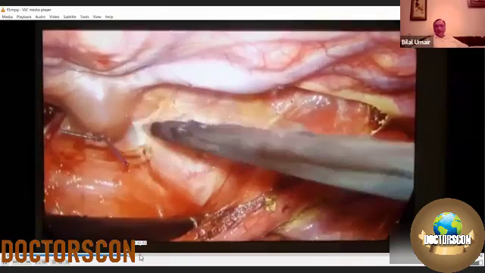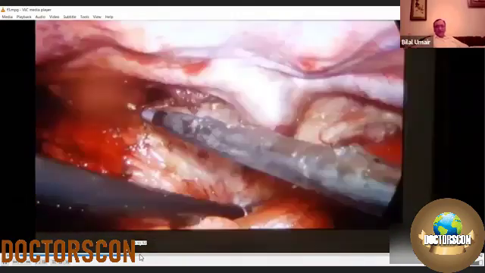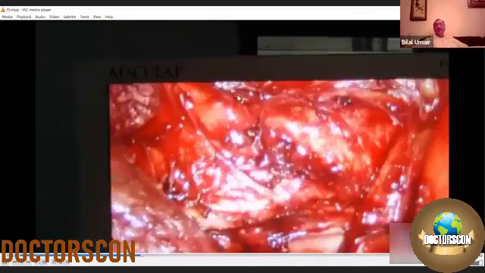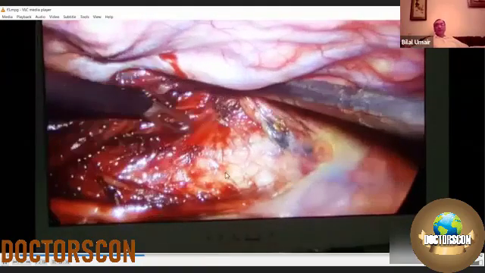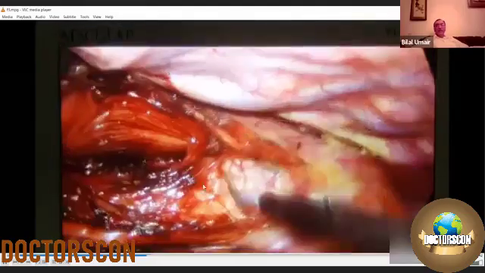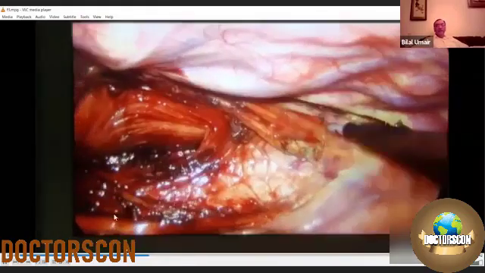If you do it fiber by fiber, then these vessels do not usually bleed much from the aortic side. This is the pericardium, this is the membranous part of the trachea as well. So the esophagus has been taken off the trachea, which is divided into the right and left main bronchus somewhere here.